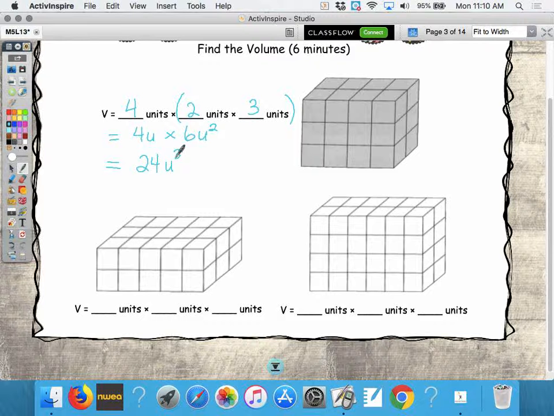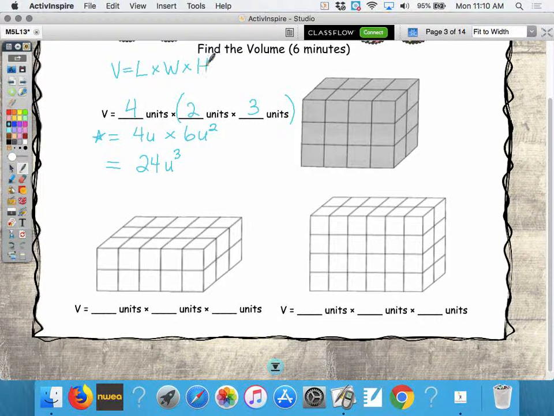There's another reason why I want you to write it out, and it's right here by this star. I want you to remember that if I know the area of one face of the cube, and I know the height, I can figure out the volume. And here's what the formula looks like. Now, volume usually is length times width times height, right?